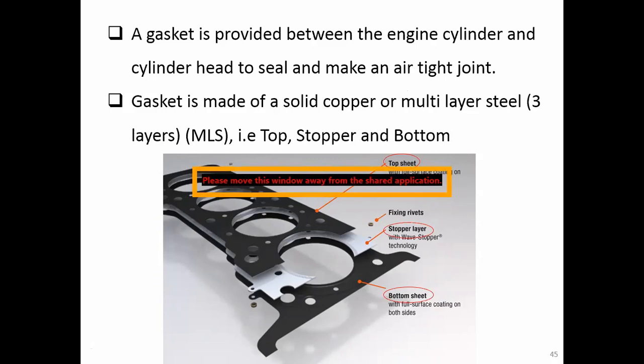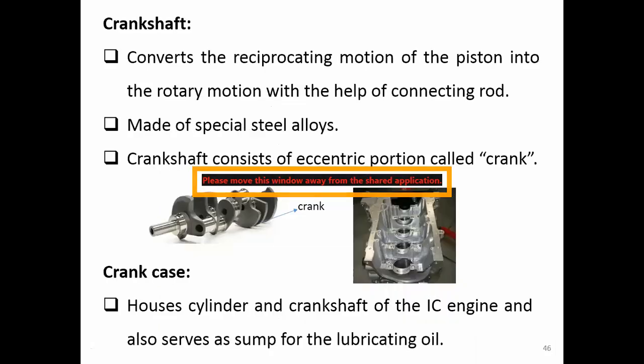If you use solid copper, it's very expensive, so nowadays they use multi-layer steel. Normally they have 3 layers altogether, like the one I show in here. They have a top layer, the stopper layer, and the bottom layer. The top and bottom layers are fully coated. And the stopper layer is used to stop the leakage from the cylinder to the cylinder head. This is called a gasket.